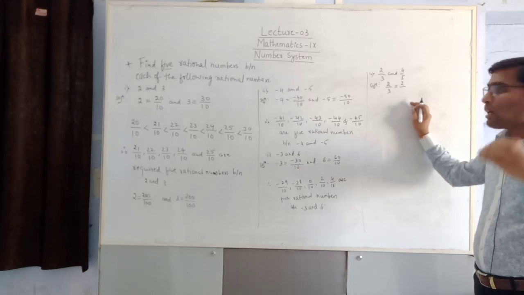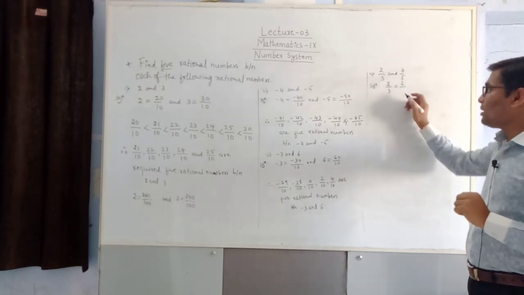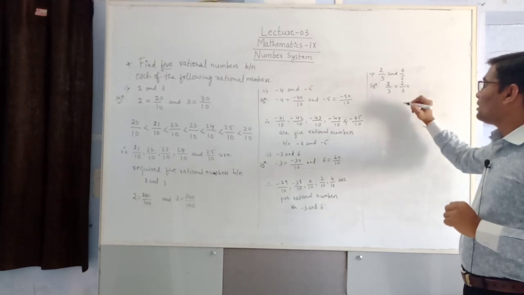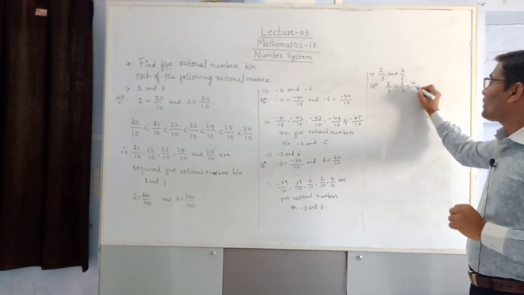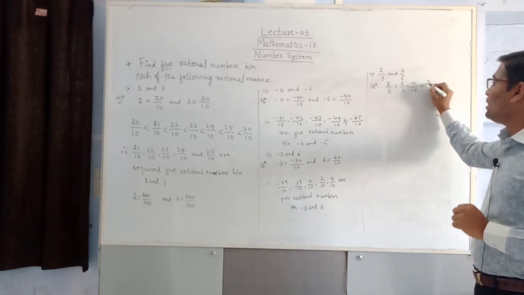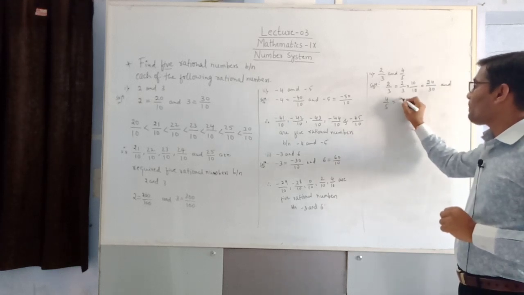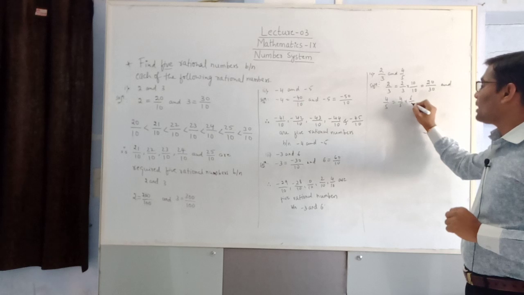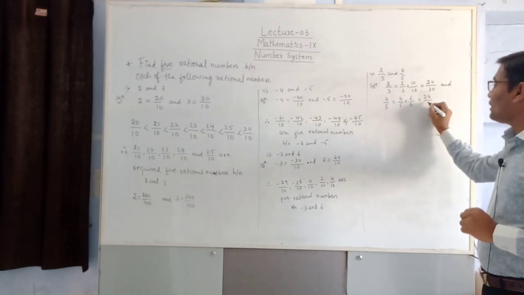Otherwise convert both denominators into a common multiple. Now it can be written as 2 by 3, multiply by 10: 2 tens are 20, 3 tens are 30. And 4 by 5, multiply by 6: 4 sixes are 24, 5 sixes are 30.